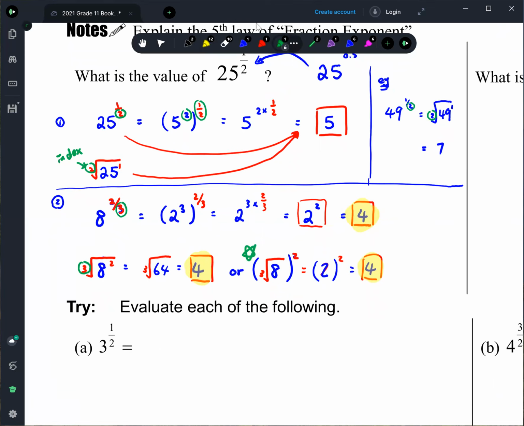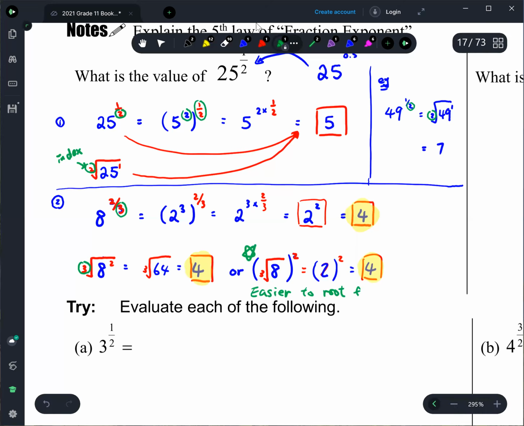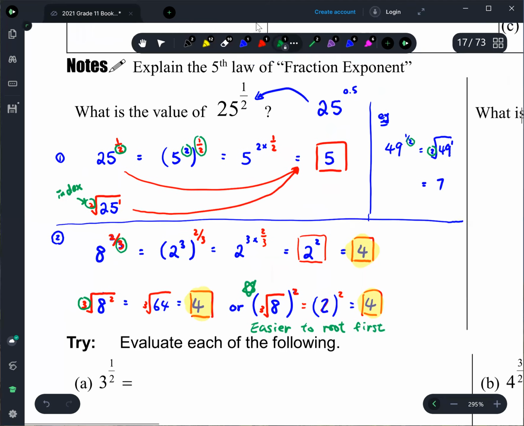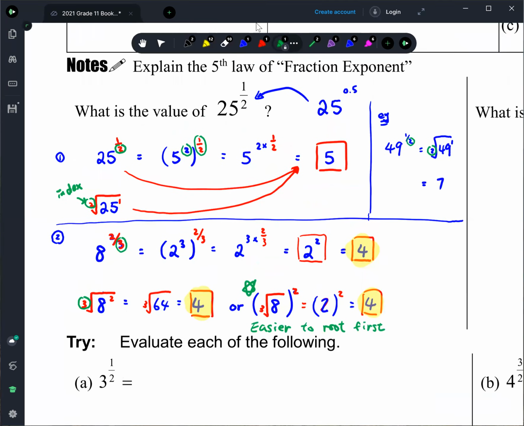Sometimes the number is too big and it will be difficult to find the root, like cube root or fourth root. So I would prefer to do the second way, easier to root first. So that's how you deal with any fraction exponent.